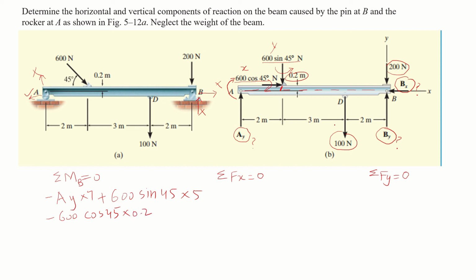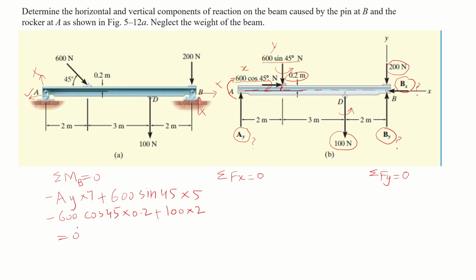Then the force at point D will rotate the beam in the anti-clockwise direction, because it has a distance of 2 meter. So it will be 100 multiplied by 2, and then we will equate this equation to 0.